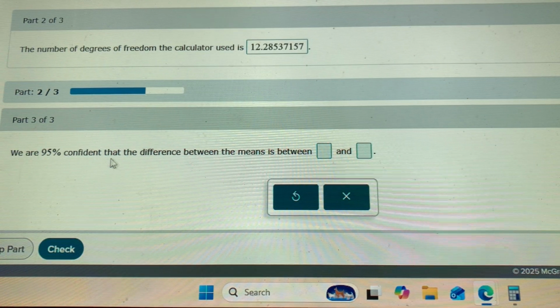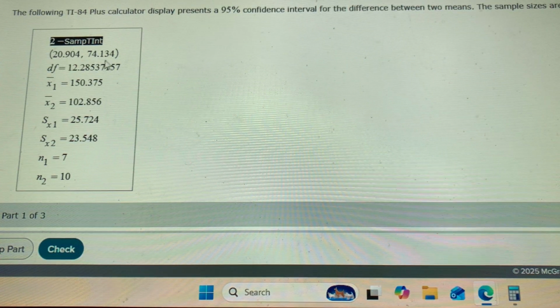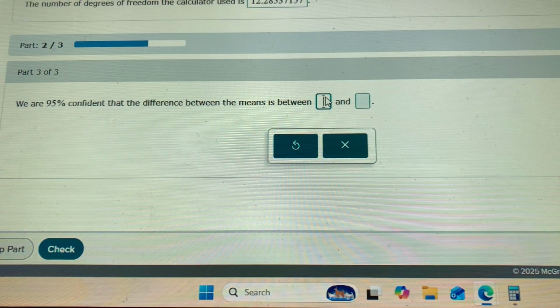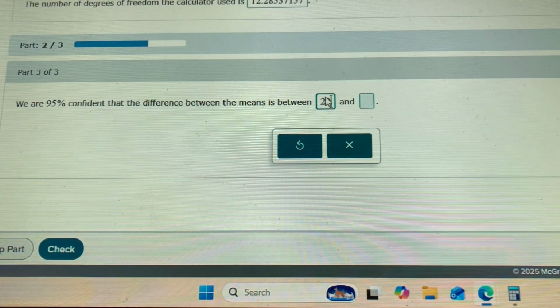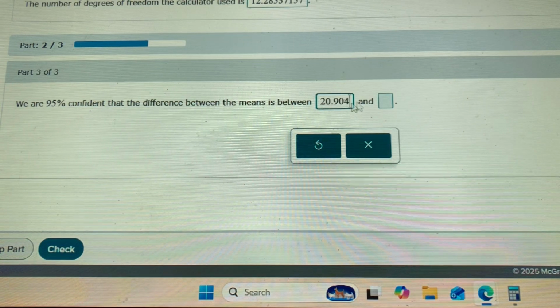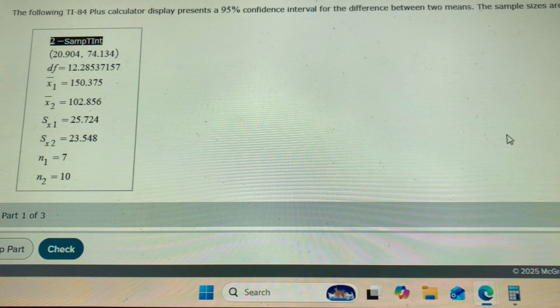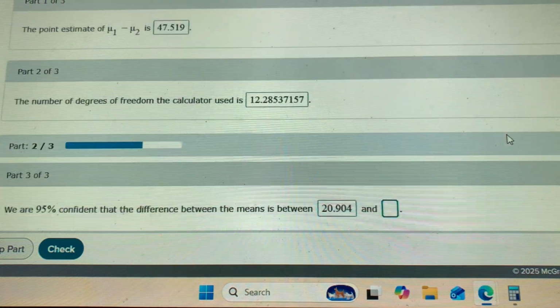We are 95% confident that the difference between the means is between blank and blank, so those are the two confidence interval answers: 20.904 and 74.134.